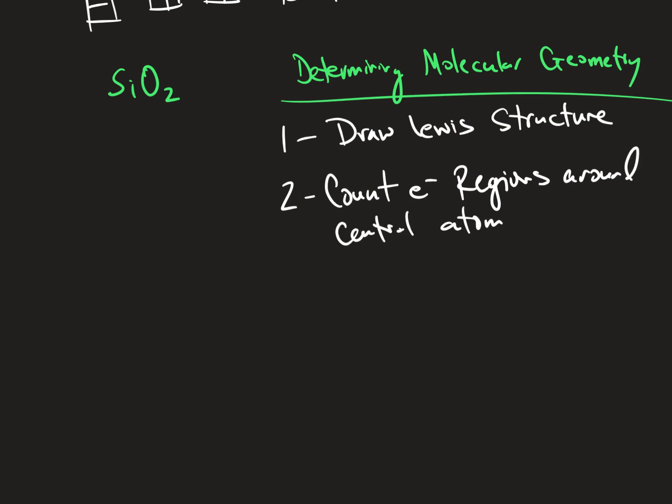So we're only interested in the regions around the central atom. If we have lone pairs around the outside atoms, then we don't worry about that, okay? And then step 3, use the chart to determine the geometry.